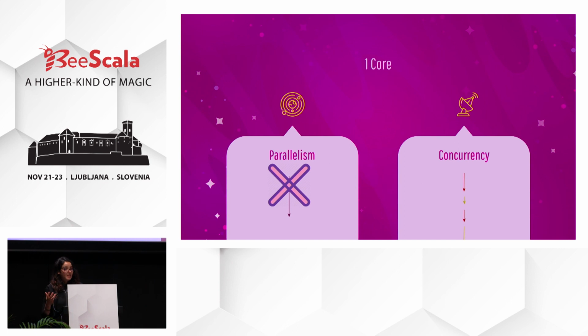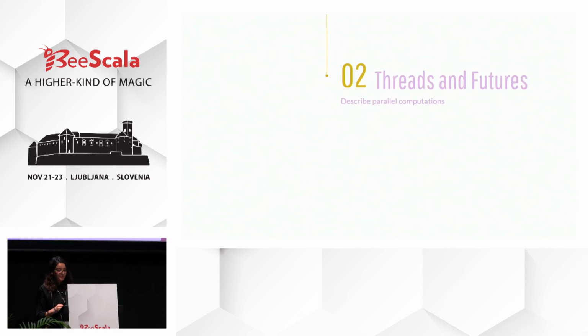But you can have concurrent tasks running in a single core that interleave with each other. And every time you run your concurrent program, you will have a different order of execution. The order of execution is non-deterministic in concurrency.